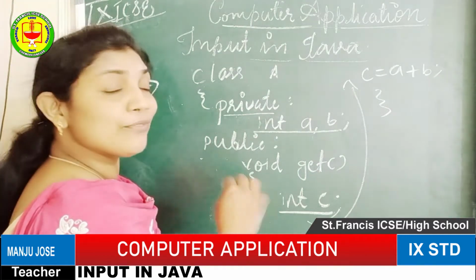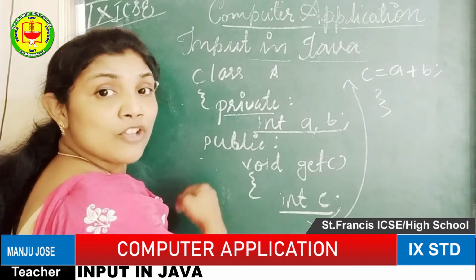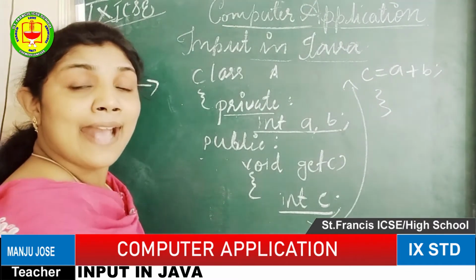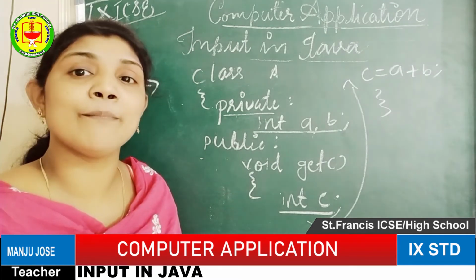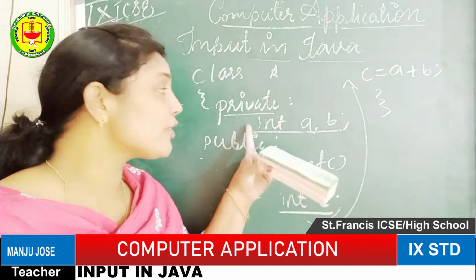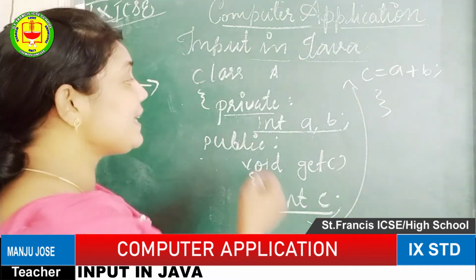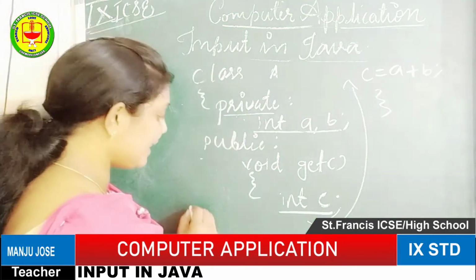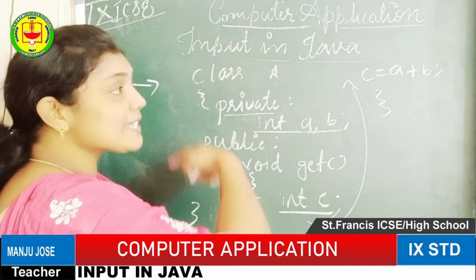With the help of this access specifier we are accessing the variable. What do you mean by access specifier? An access specifier allows the user to access the variable wherever you need. Based on the access specifier, the accessing permission will change. If it is private, inside this class we can access the variable. A and B we can access inside the class.